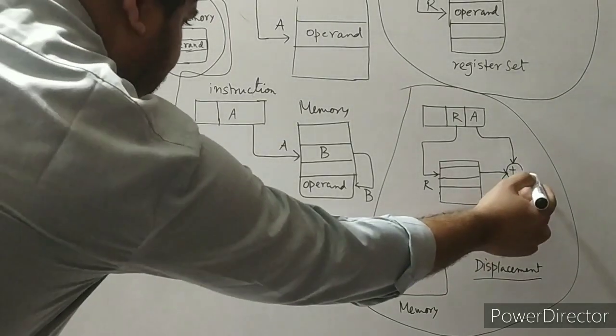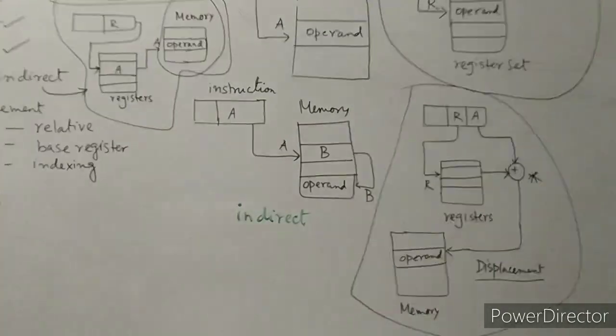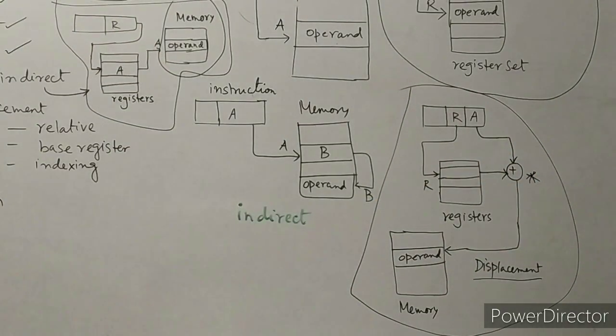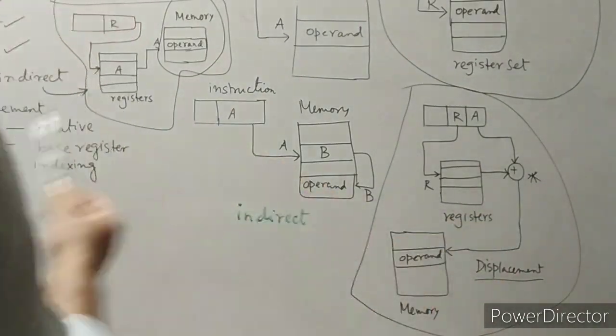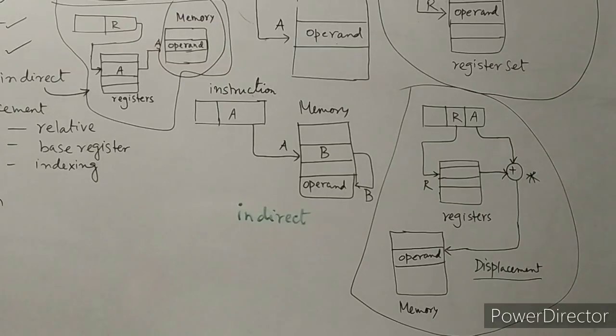Here we will get the physical address. That physical address will be mapped onto the memory to access the operand. This physical address is mapped into the memory to access the operand.